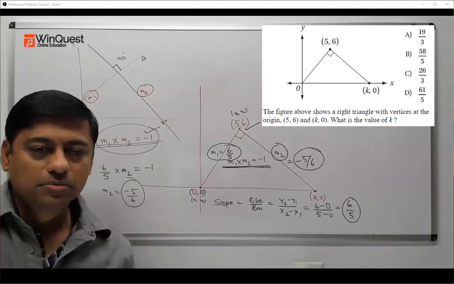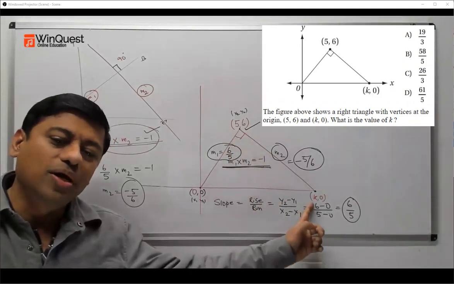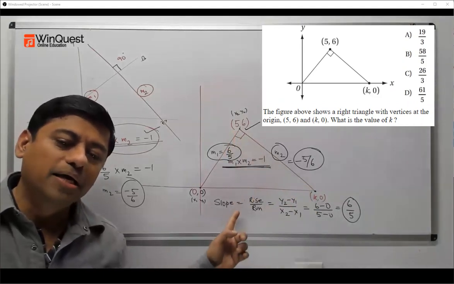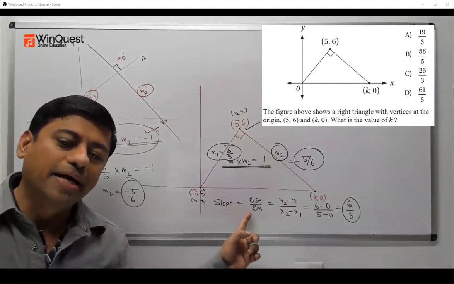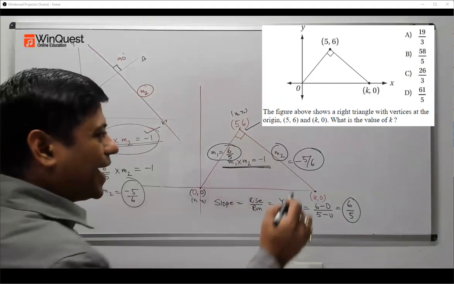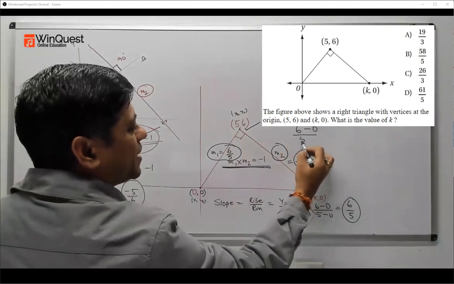I will tell again. 5, 6 is one coordinate point. K0 is the other coordinate. Using these two coordinate points, I will apply the slope formula to get rise over run. If I apply the rise over run, will I get 6 minus 0 by 5 minus k?